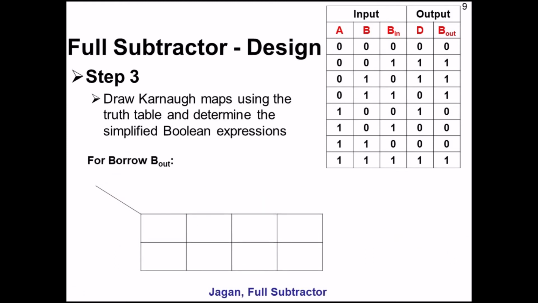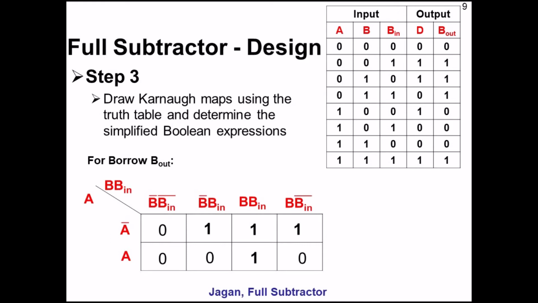Next for the borrow B out. So I will look into the B out column and I will fill the table. At the end of the day I will arrive at two Boolean expressions. One is using sum of product, then after simplification you will have another one.